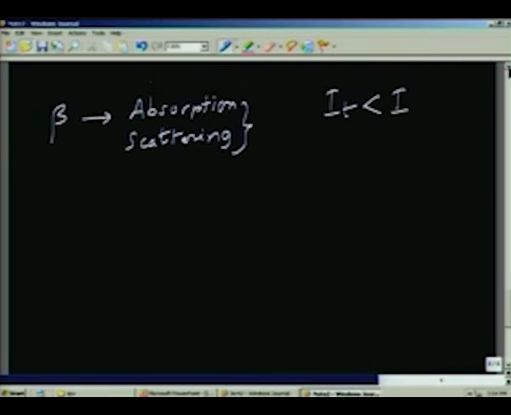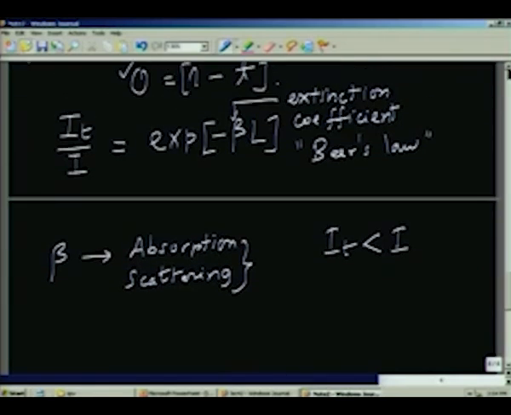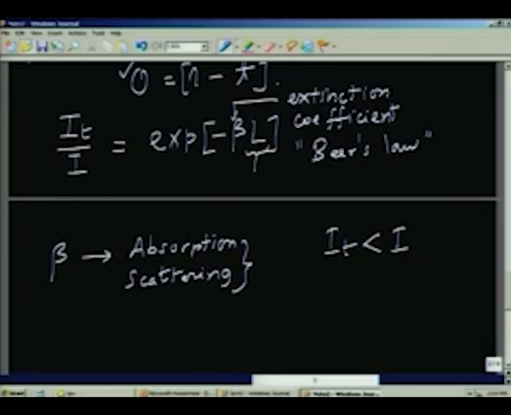Let us also look at the formula which I gave earlier, minus beta L. This L also is important. This is the length of travel through the sample, the path length.